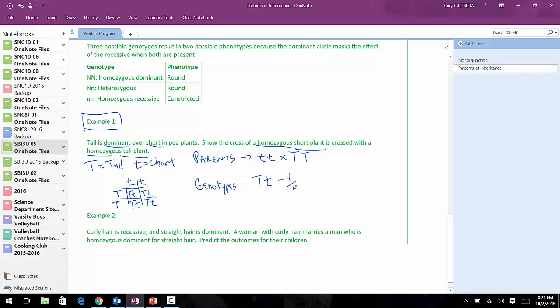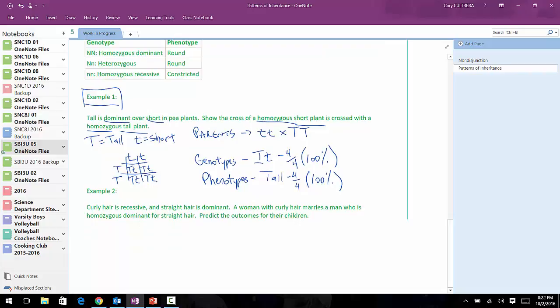You have 4 out of 4, or 100%. And your phenotypes, hopefully you realize, since we have one big T and tall is dominant in this case, all 4 plants will be tall. So 100% of the offspring will be tall in that case.